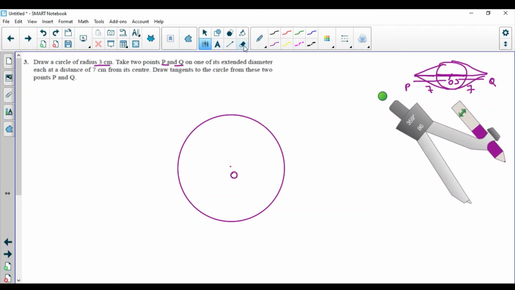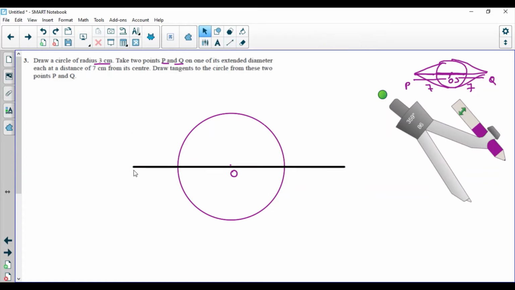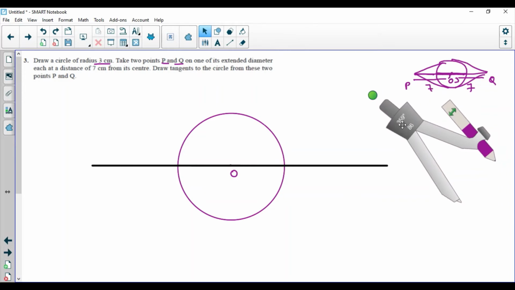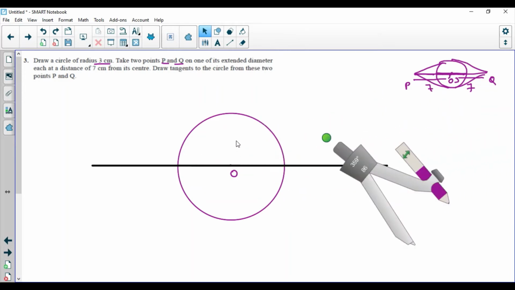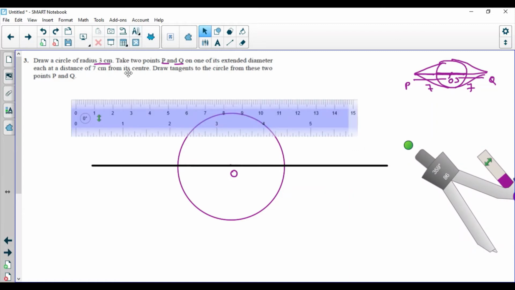Okay, now we have to draw one extended center diameter. So this is my extended diameter. And on it, I have to take 2 points P and Q, 7 centimeter away from the center.